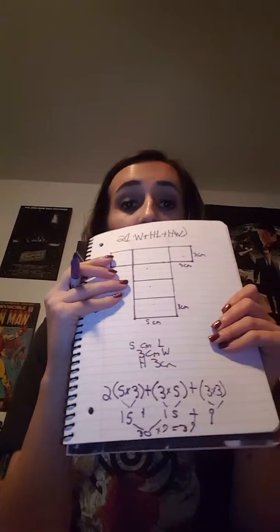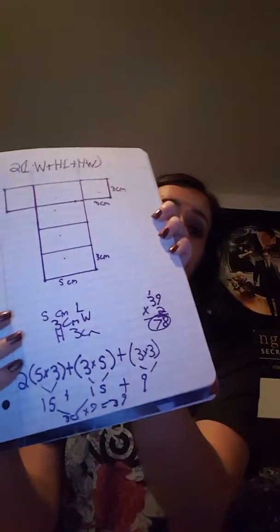We add all these together. 15 plus 15 is 30, plus 9 equals 39. There we go, but we still have one more thing to do, and that's multiply our answer by 2. So 39 times 2 is 78.